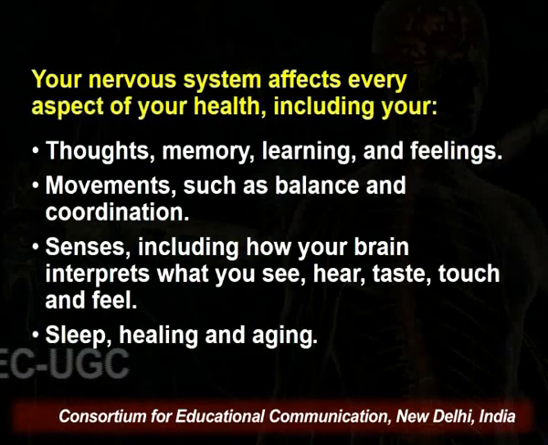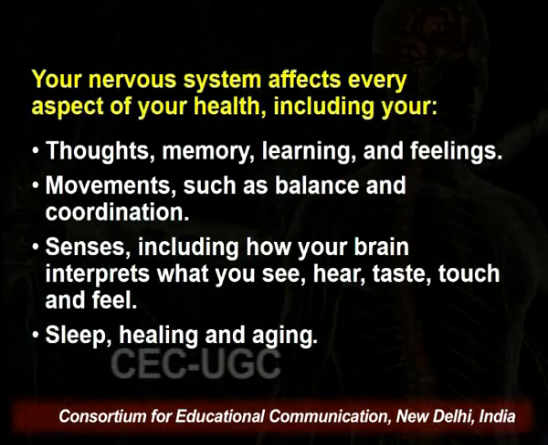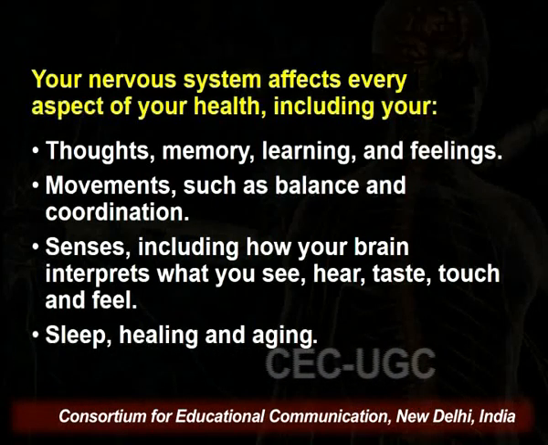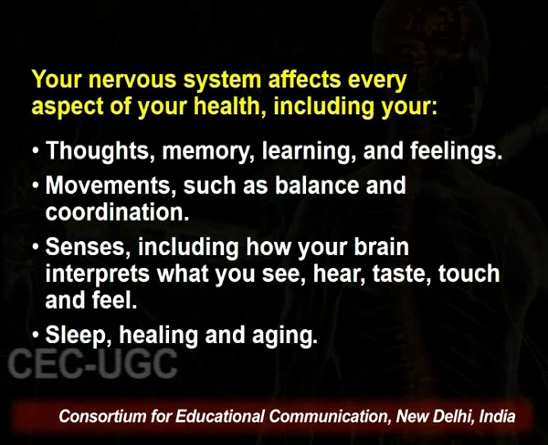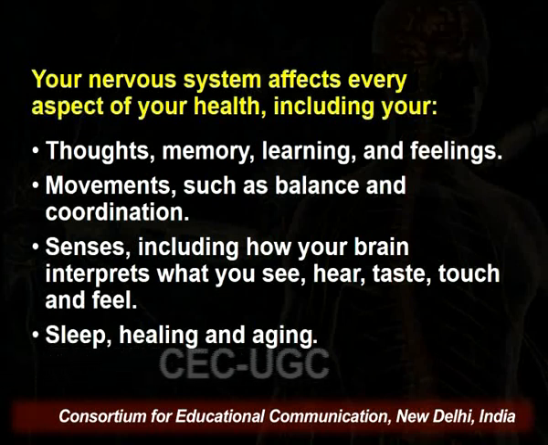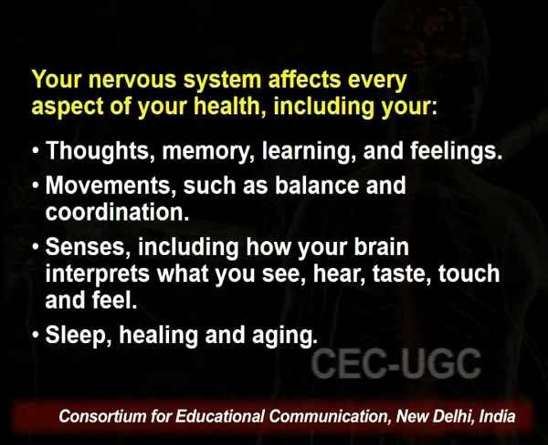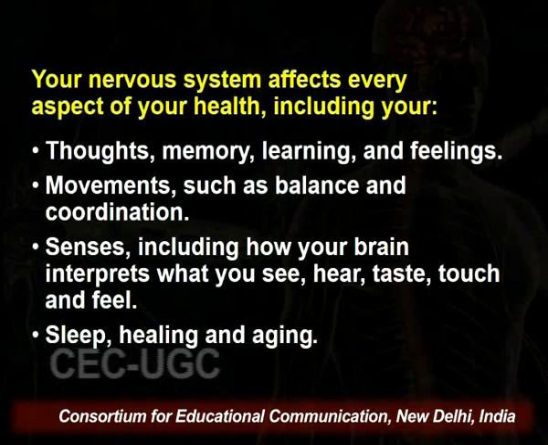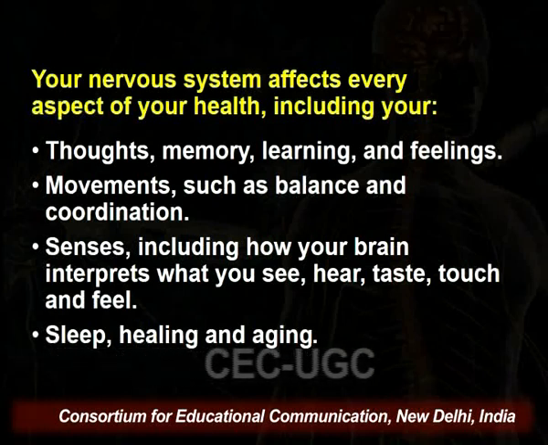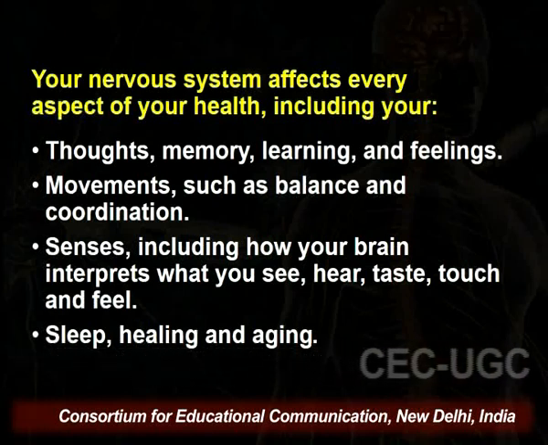So, your nervous system affects every aspect of your health, including your thoughts, memories, learning and feelings, then movements such as balance and coordination, then senses including how your brain interprets what you see, hear, taste, touch and feel, then sleep, healing and aging.